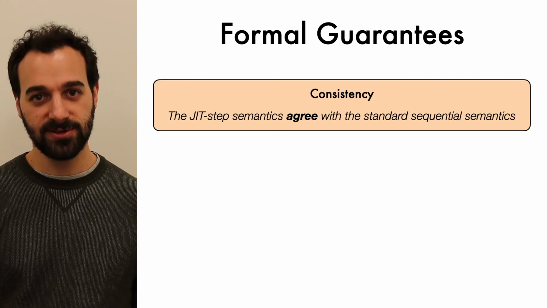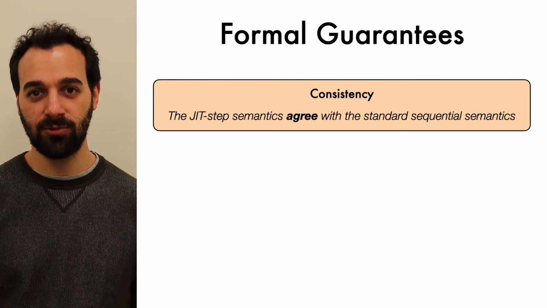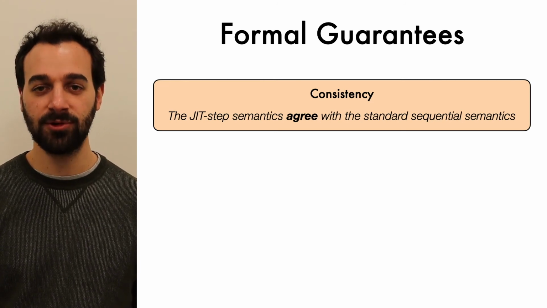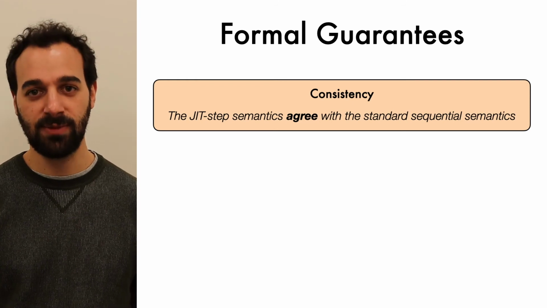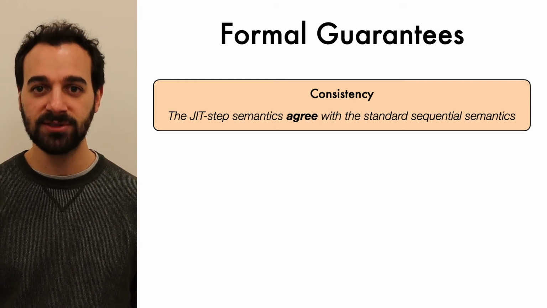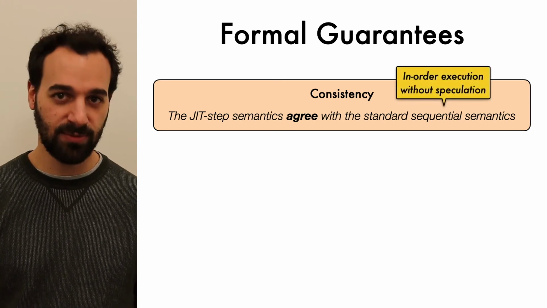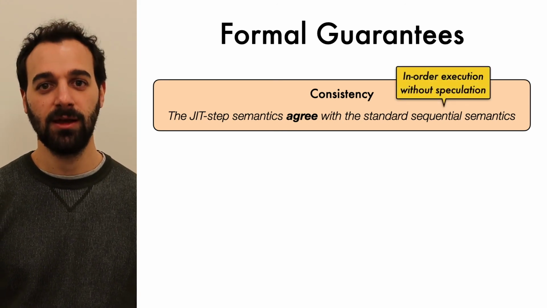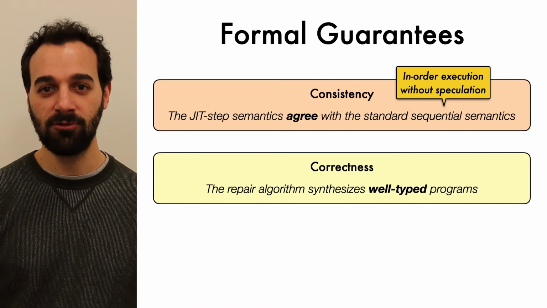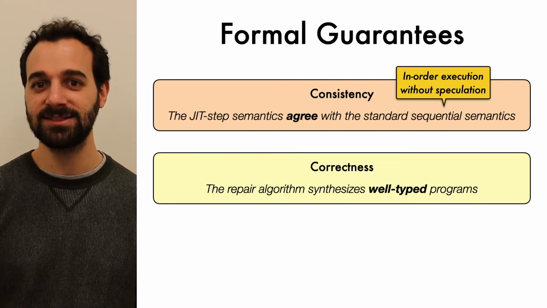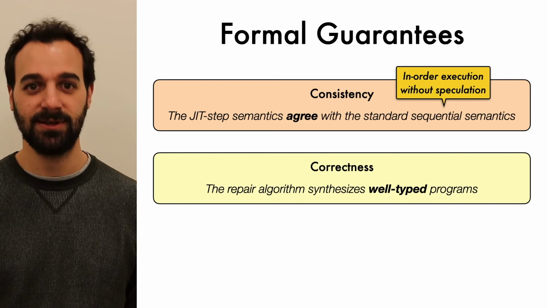We prove three formal results about our JIT semantics and Blade. First, consistency ensures that programs running on our processor produce the same results with respect to the memory store and variables as if their commands were executed in order and without speculation. Second, we prove that our repair algorithm is correct and synthesizes well-typed programs.